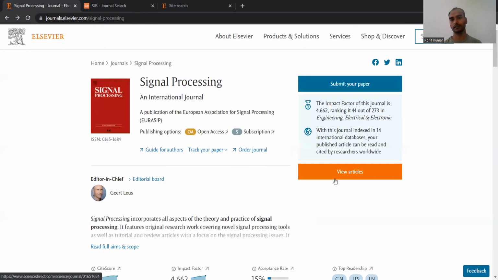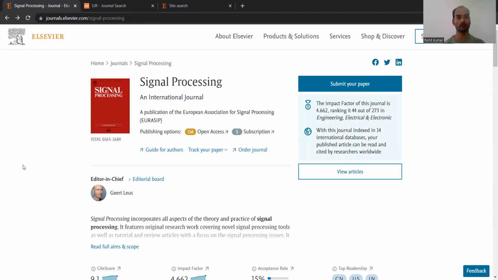Lastly, as I always say, we should focus on 3 things. First is whether the journal is SCI or not. Second is its Q factor, the quartile index, that is Q1, Q2, Q3, etc. Then the third is impact factor.